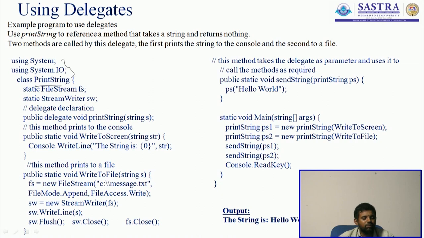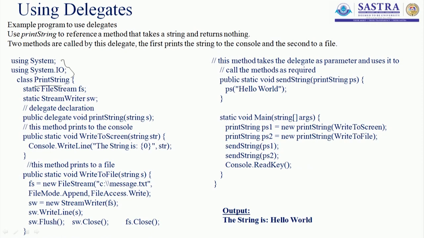And then we are proceeding further by creating another object for StreamWriter, right? So sw is going to be the object of StreamWriter. Once you have done these two declarations, we should think about how to declare a delegate, right? That is what we are supposed to think of.